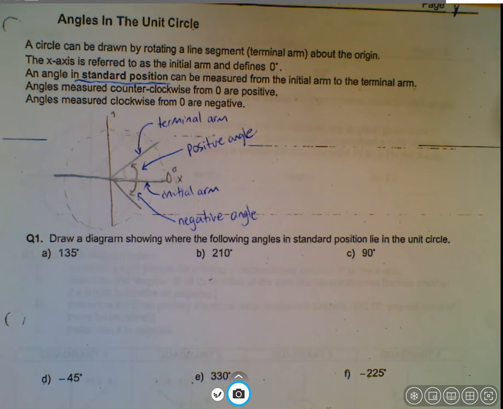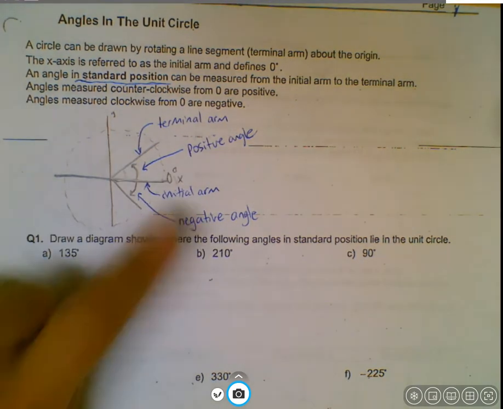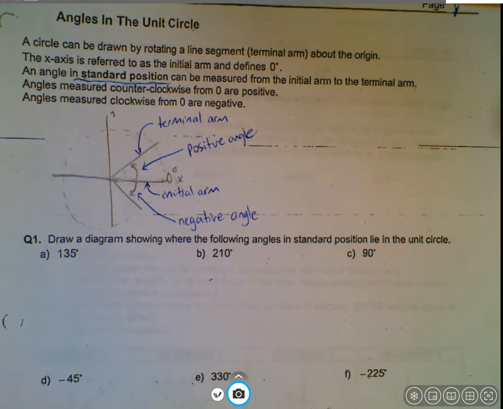Okay, there's one more thing we should add to this, which is that the XY coordinate plane is divided into 4 parts, and we're going to talk about those parts in every question that we do. So I'm just going to grab another color and name the parts. These 4 parts of the coordinate plane are called quadrants.